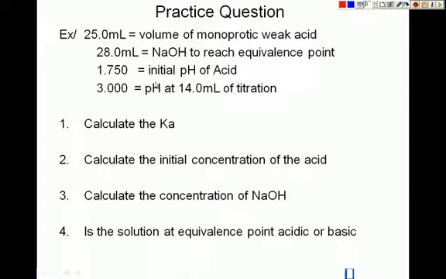Now, why do we care about the pH at 14 milliliters? Well, this is exactly half of this. So in other words, our pH half is equal to 3.000. If you want, you could make a small rough graph to help you think.